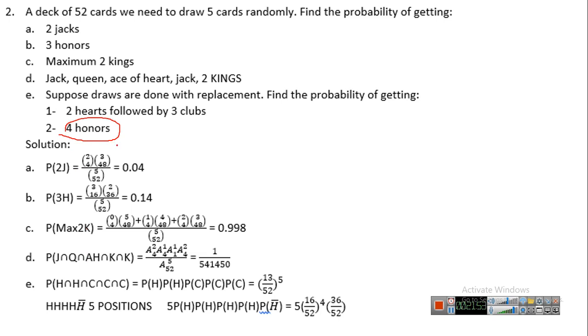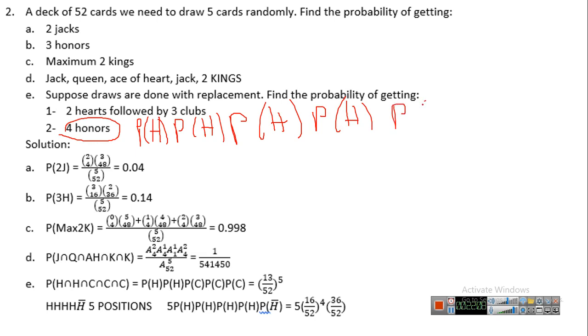Any 4 honors you may have: P of H times P of H times P of H times P of H, and the last one not honors. But because I didn't say I want it in this order, you can have the H bar here, here, here, or here. So that's why times 5.